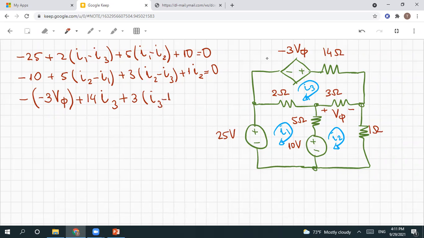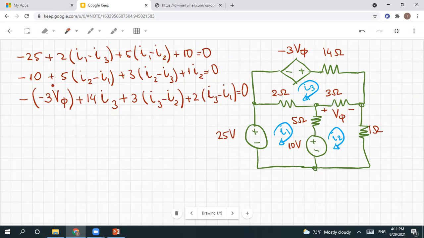And lastly, the current in the 2 ohm resistor, I3 minus I1. Thank you so much. And this is equal to 0. Okay, so now I have the 3 mesh equations. I have one unknown, second unknown, third unknown, and I have a fourth unknown.